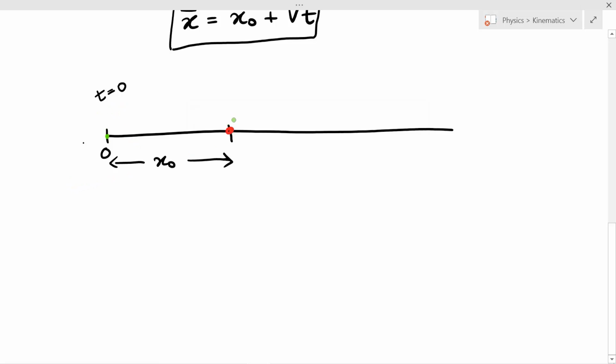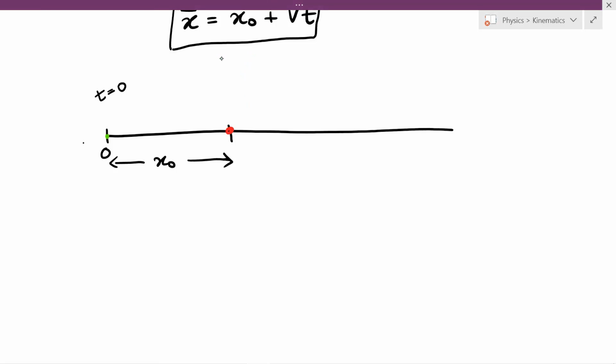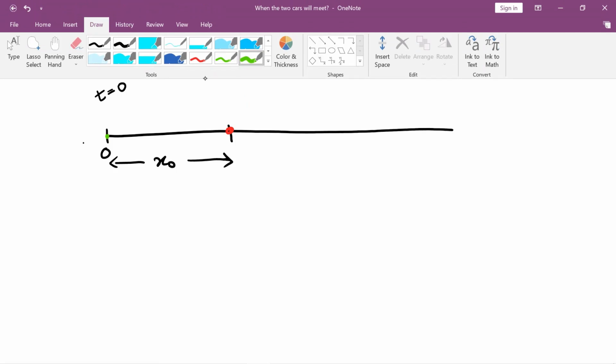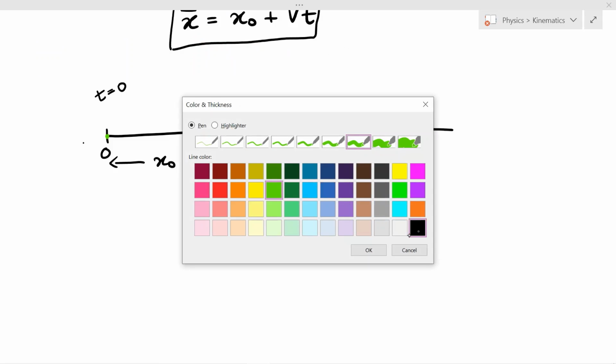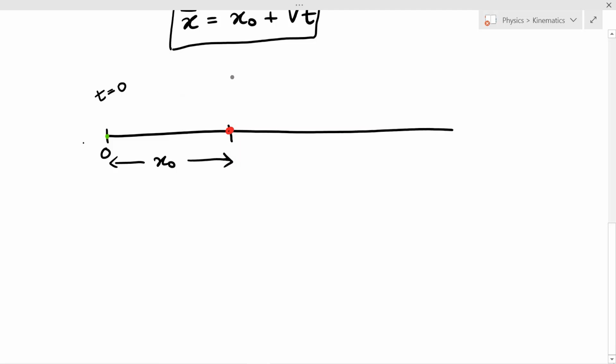Now these two will move. So let's say the velocity of the red one is v1 bar and the velocity of the green particle is v2 bar. So this is velocity, so it will be a vector quantity.